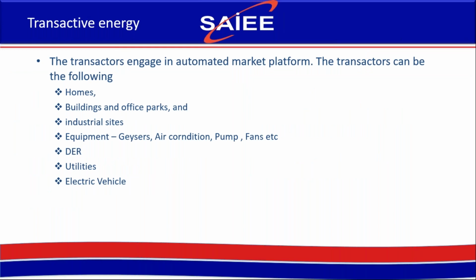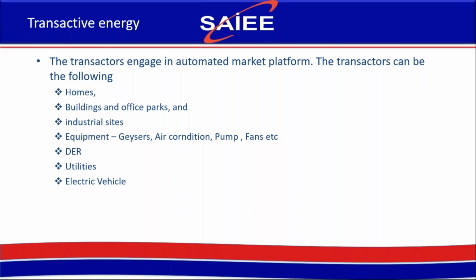So the question is, this is a transactive energy system, so who are the transactors? I just used the word transactors, but who are the people that will be doing these transactions? The transactors engage in what we call an automated market platform. It has to be automated, and the blockchain will actually help you with that automated part.